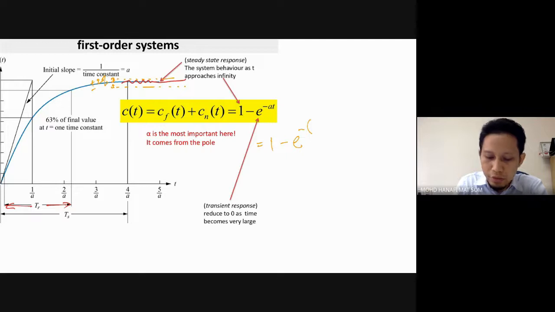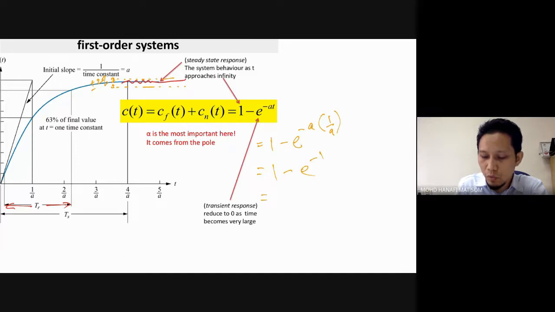Let's say this is a. Let's say our t is 1 over a. So what we have is 1 minus exponential negative a times 1 over a, which is negative 1. So try to calculate using your calculator.